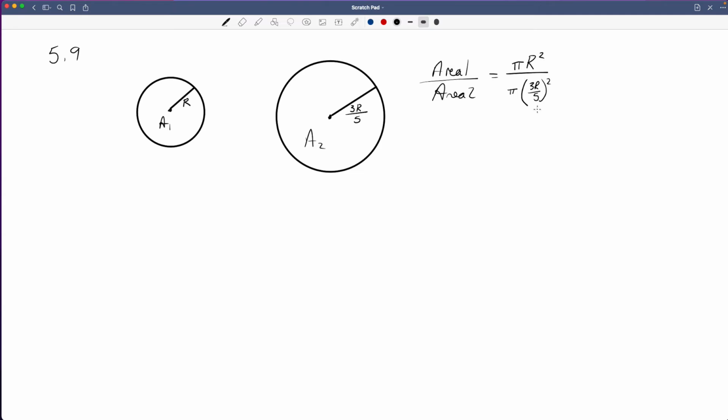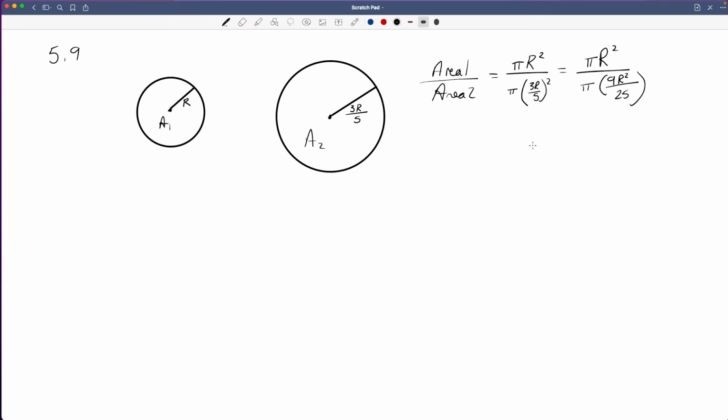So now we have pi r squared over, and let's go ahead and square this: pi times 3r times 3r is going to be 9r squared, and 5 times 5 is 25.